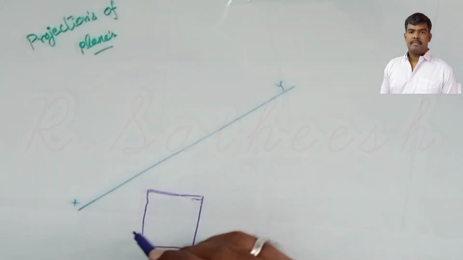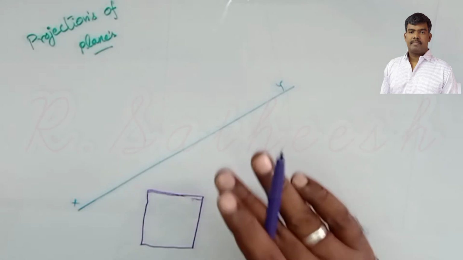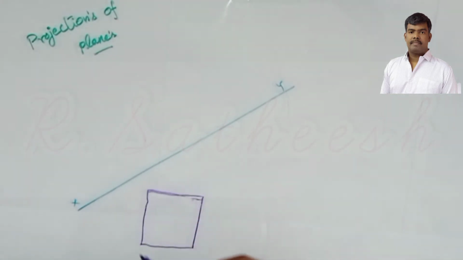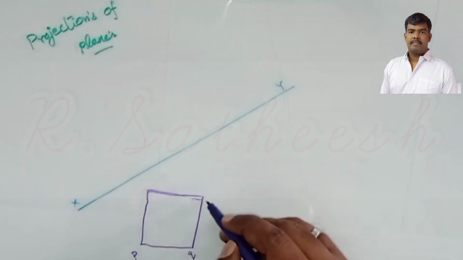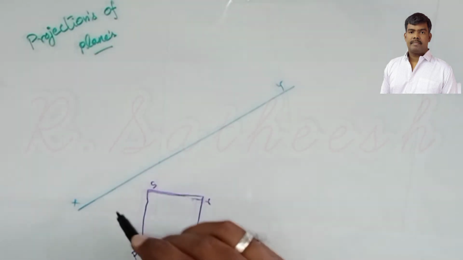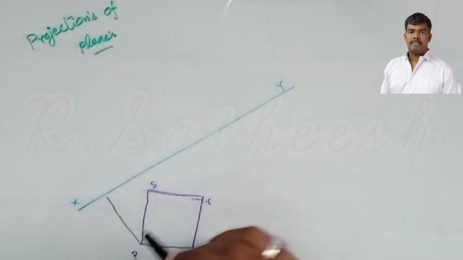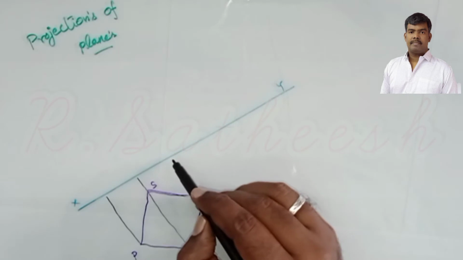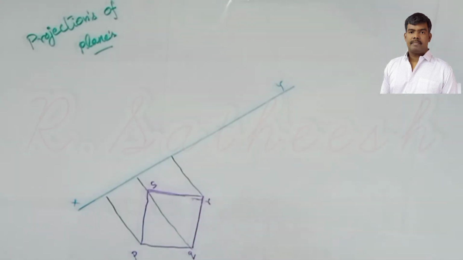Next, the plane is completely resting on HP, which means the front view lies completely on XY. Before that, you assign P, Q, R, S. You draw the projections from P, Q, passing through S also, and R. Clear?